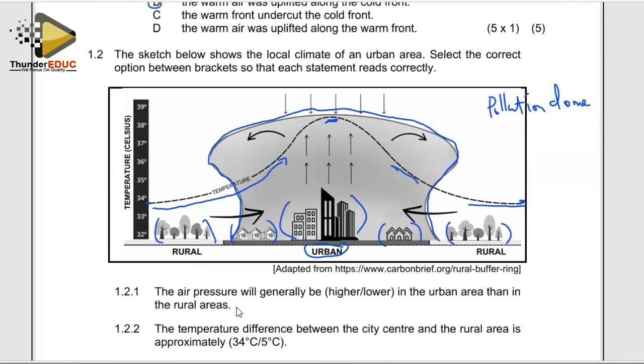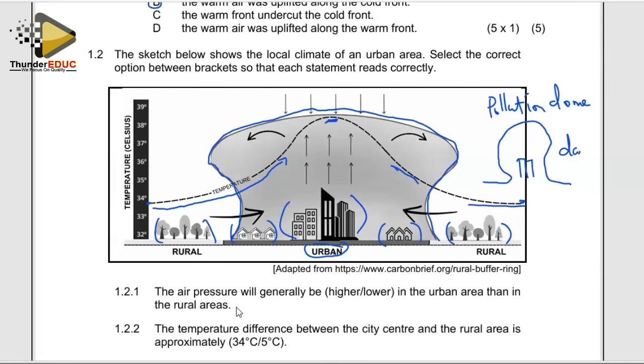When we're looking at pollution domes, we look at the shape of the pollution dome during the day, and we also look at the shape of the same pollution dome at night. They portray 2 different shapes. So the shape which is being shown here, this shape of a pollution dome, these are our buildings.